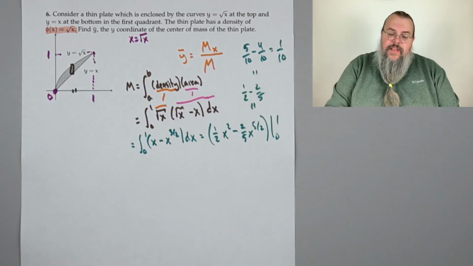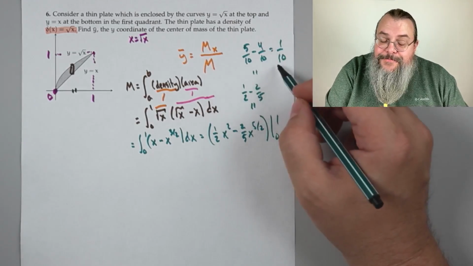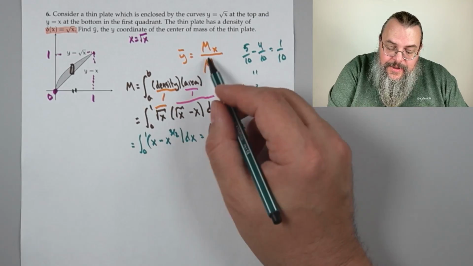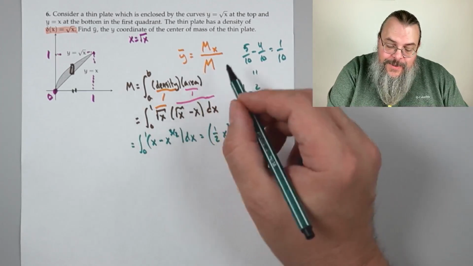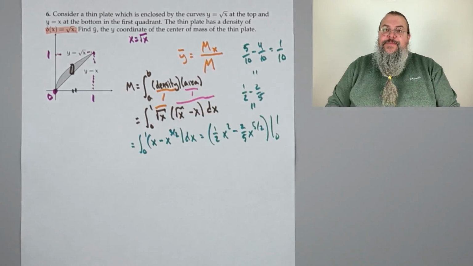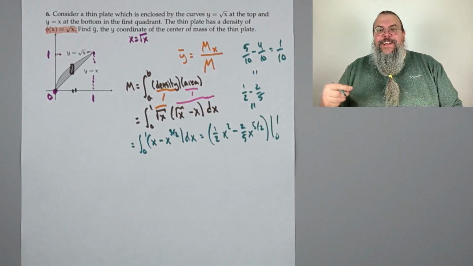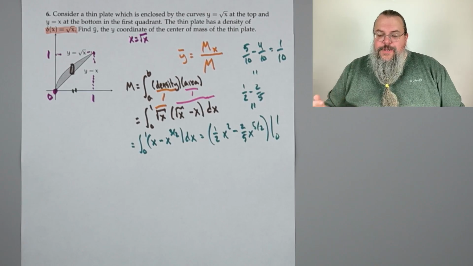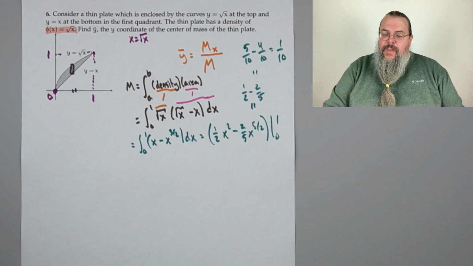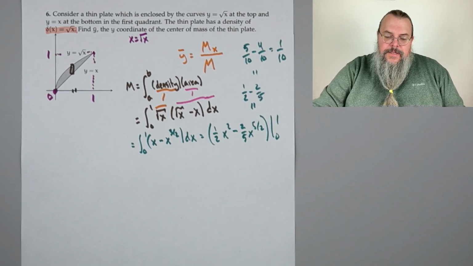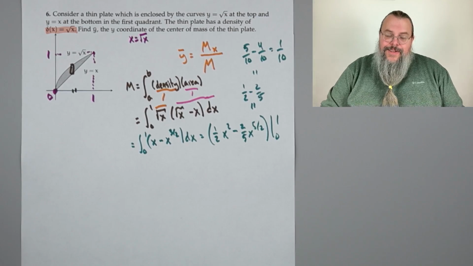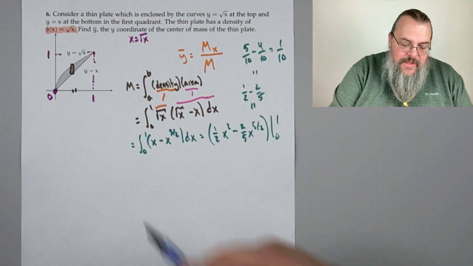All right, now, this is not our answer. This is the denominator. So we now know what m is. So what's next? We've got to find our m sub x, which is our moment. All right, well, let's start going into that.